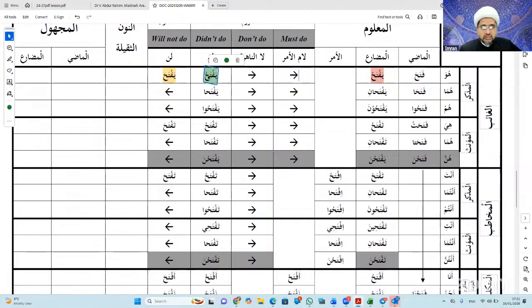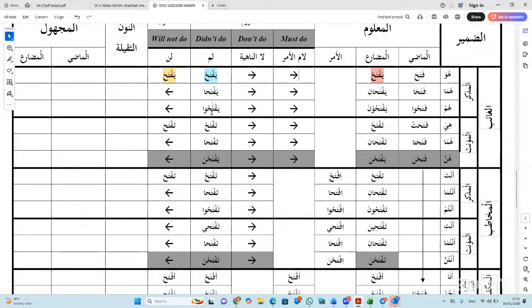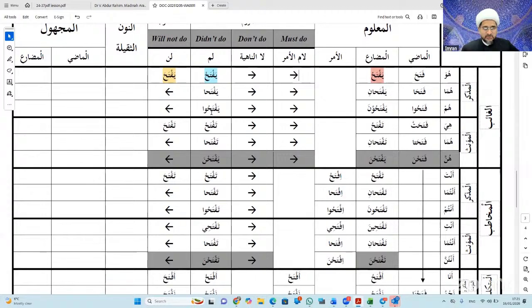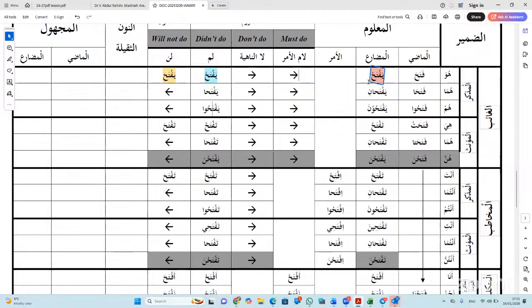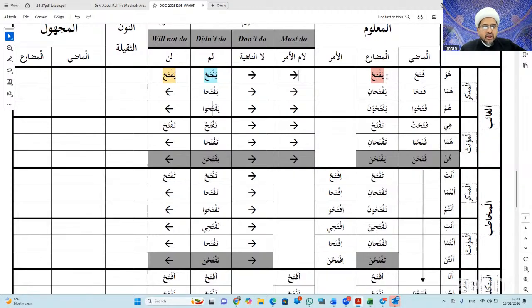Do you know the reason why it's now turned into sukoon? Okay, let me explain. In the present tense, remember I said to you in the beginning when we started the present tense, whenever you have the present tense verb, the last letter comes with a dhamma. Does anyone remember that? This is because in front of the present tense there is no particle, meaning any letter which changes the present tense.